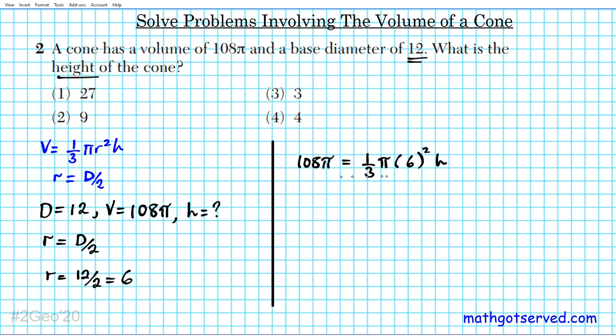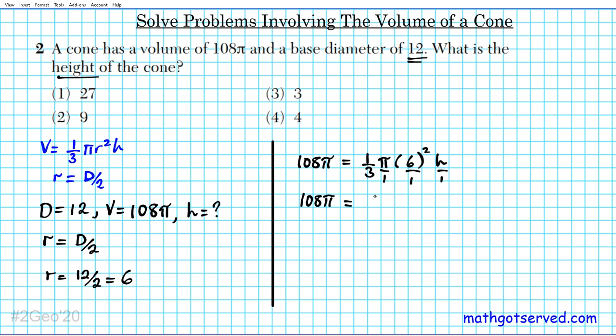Let's simplify the right side completely first and then proceed from there. It looks like a mess, so let's see what we can do. We have 108 pi. Remember all these are over 1, so imagine this has a 1 under it. Then we have 1 times pi times 6 squared, which is 6 times 6, which is 36.